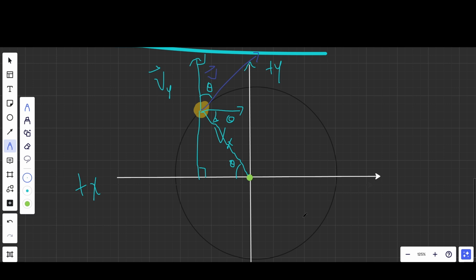Alright, now what we can think about is that they look very similar. So we can use the concept of similarity in triangles.